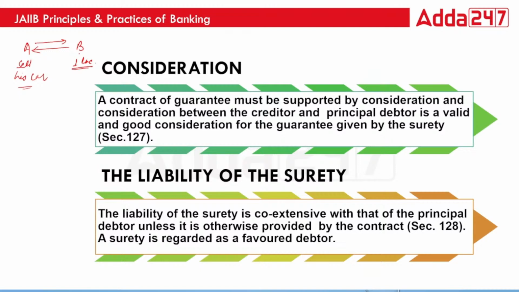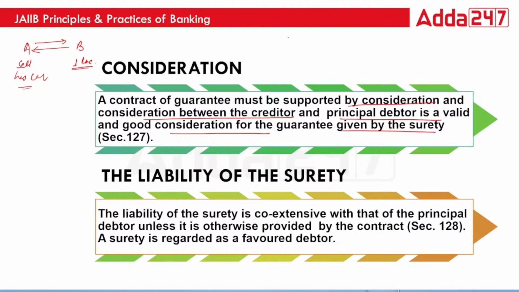So mutually these two parties are agreeing on something, and each is agreeing on what they are going to offer. A contract of guarantee must be supported by consideration, and consideration between the creditor and principal debtor is valid and good consideration for the guarantee given by the surety.